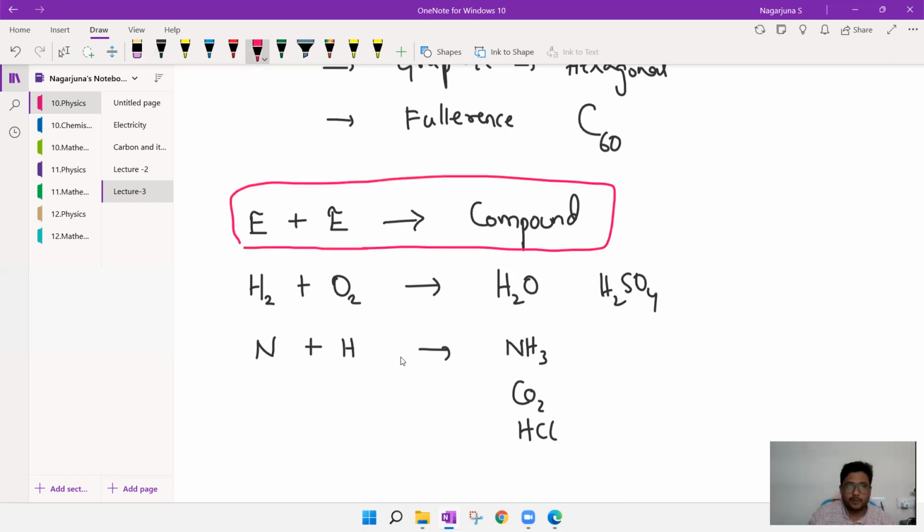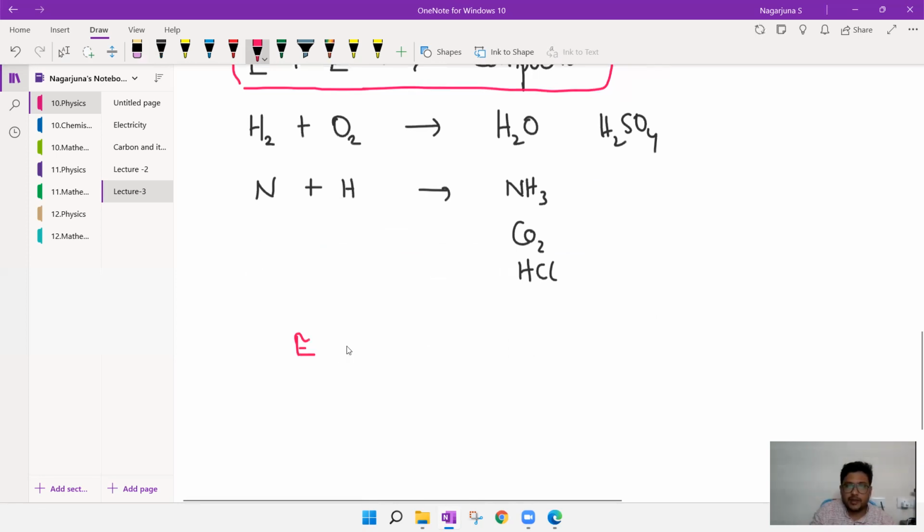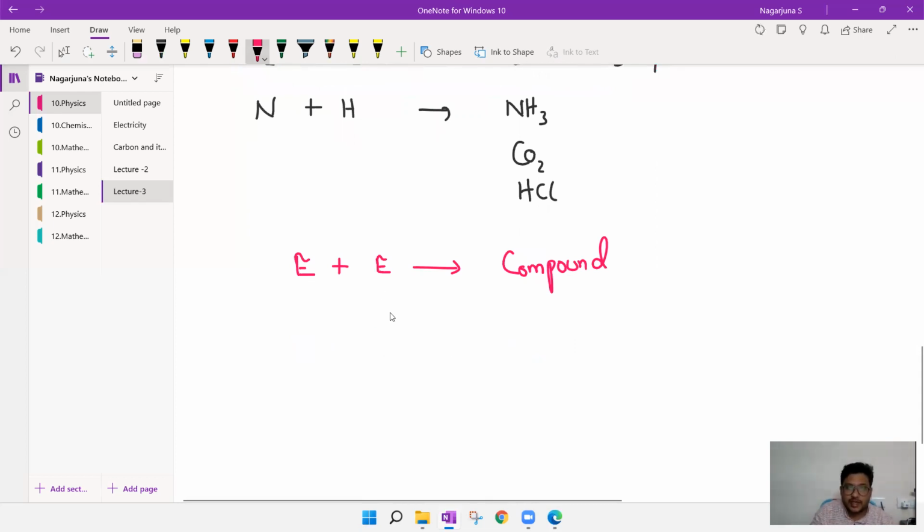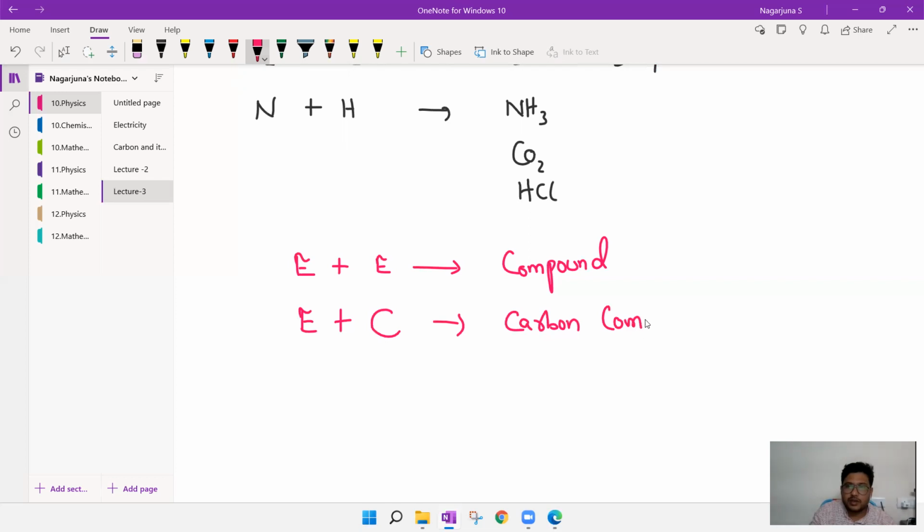Now, element plus element is nothing but a compound. If one of these 2 elements is carbon, and the other might be some other element, no worries, maybe hydrogen, oxygen, nitrogen, chlorine, bromine, iodine, whatever it may be, but one of these 2 elements should be carbon, then we call that compound a carbon compound.